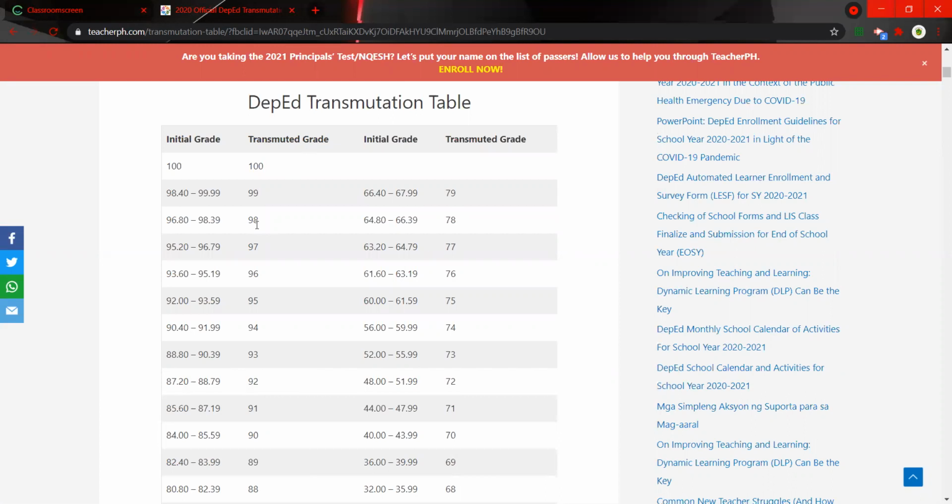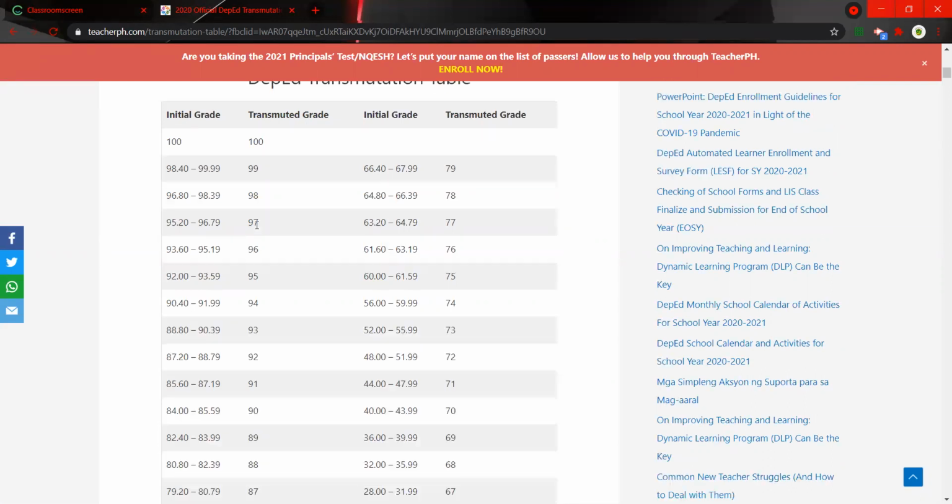We cannot say that if the student got 98.40, it can be rounded off to 99, since it did not reach 98.5. So it is really just 98. Our final grade should be a whole number, not a decimal.